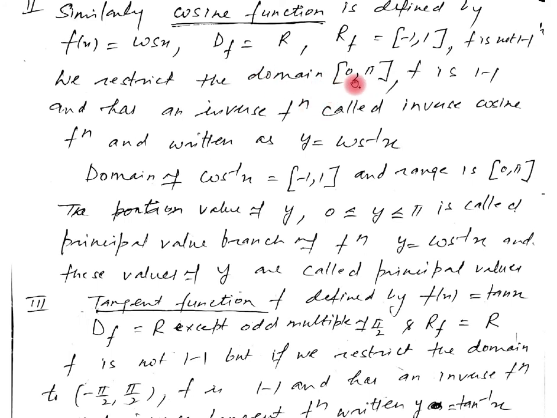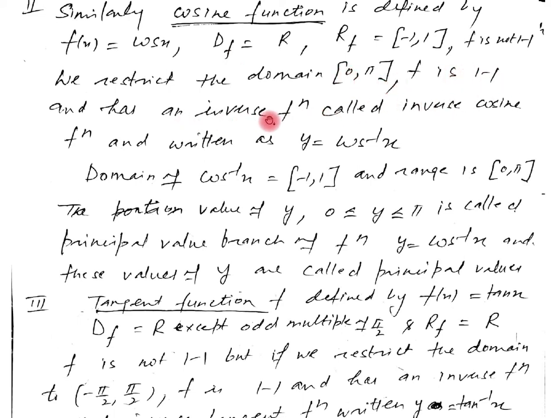When we consider this interval, it means the first quadrant and the second quadrant, the values of cos will not be repeating. In the first quadrant all the values are what? Positive. In the second quadrant all the values of cos are what? Negative.